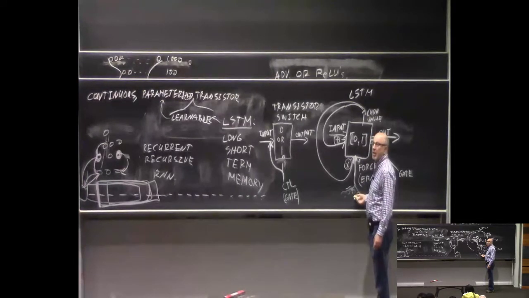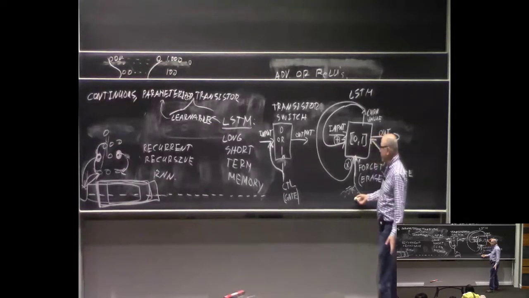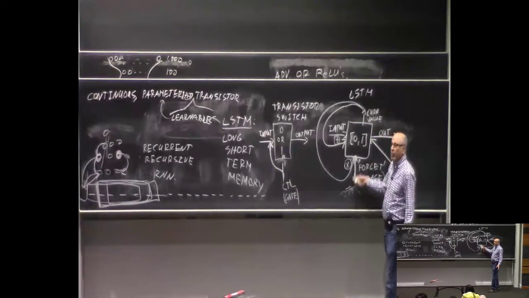So depending on some computation that happens somewhere else in the network, a decision is made whether to forget or not. And that decision is not a binary decision. It could be that for most cases, there'll be a one signal here, which means don't forget, keep it. And for others, there would be close to zero, which means wipe it out. But in the general case, it could be anywhere in between. I don't know if I answered the question.